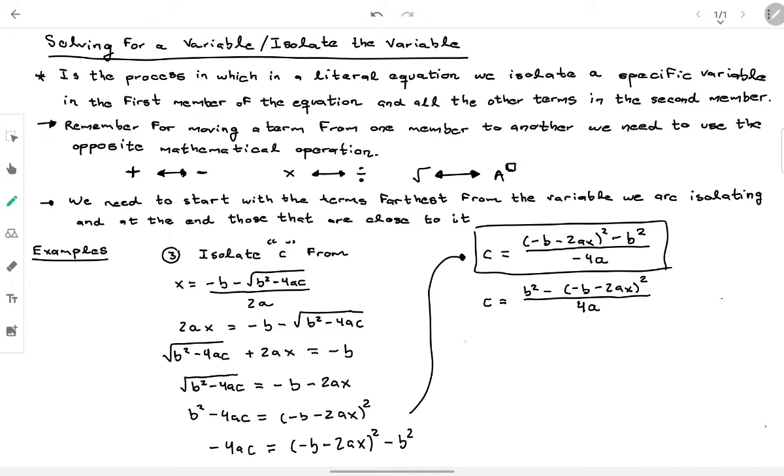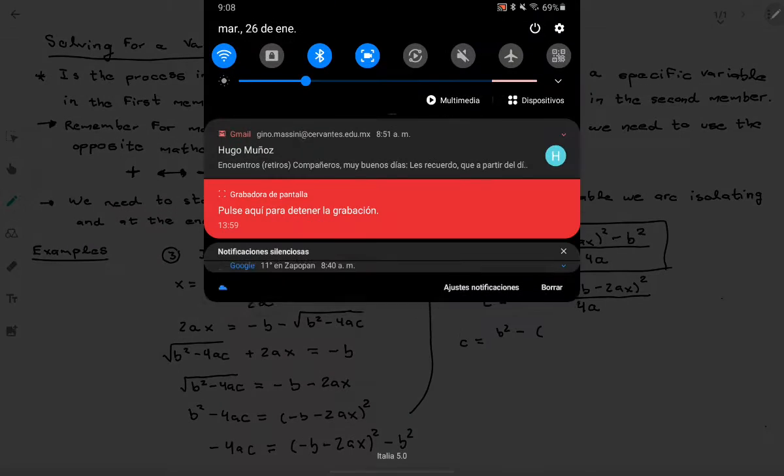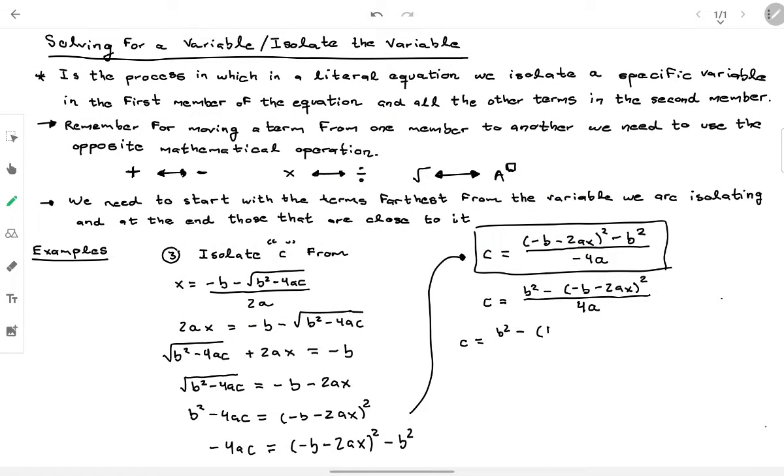In this case, we can set C equals B squared minus, and it's going to be B squared, then 2 times the multiplication of the terms, and after that the second one squared.